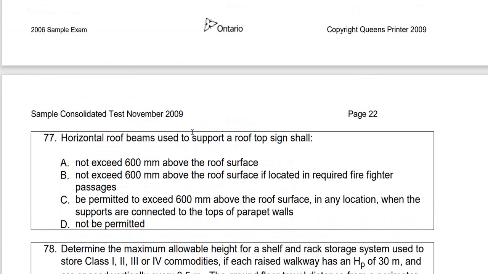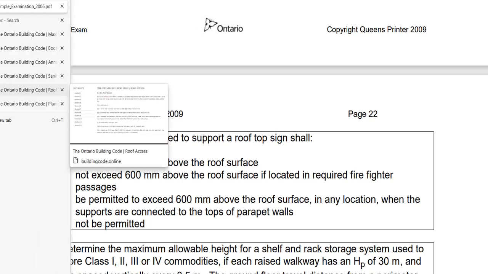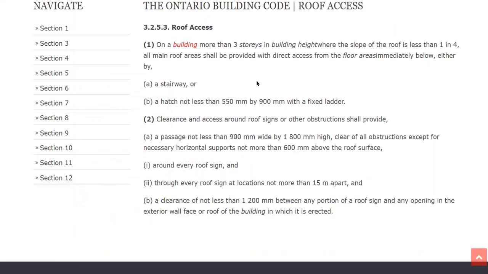Now, question 77. Horizontal roof beam used to support a rooftop sign shall be? The answer to this question is, if we jump into roof here, we're going to look at 3.2.5.3.